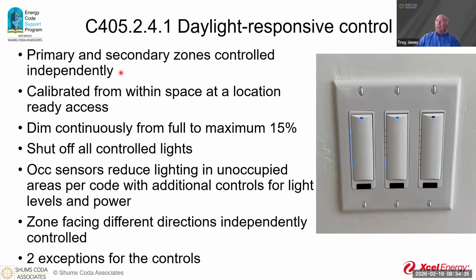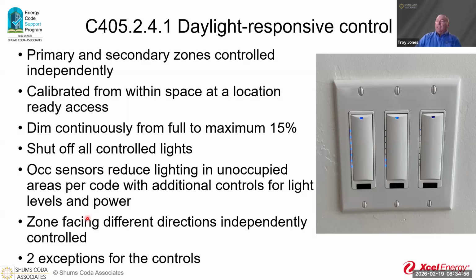Again, we have to have the primary and secondary zones calibrated independently. Got to be in an accessible space. Got to go down to 15%. Has to work with our occupant sensors and all of our other requirements for the lighting controls.